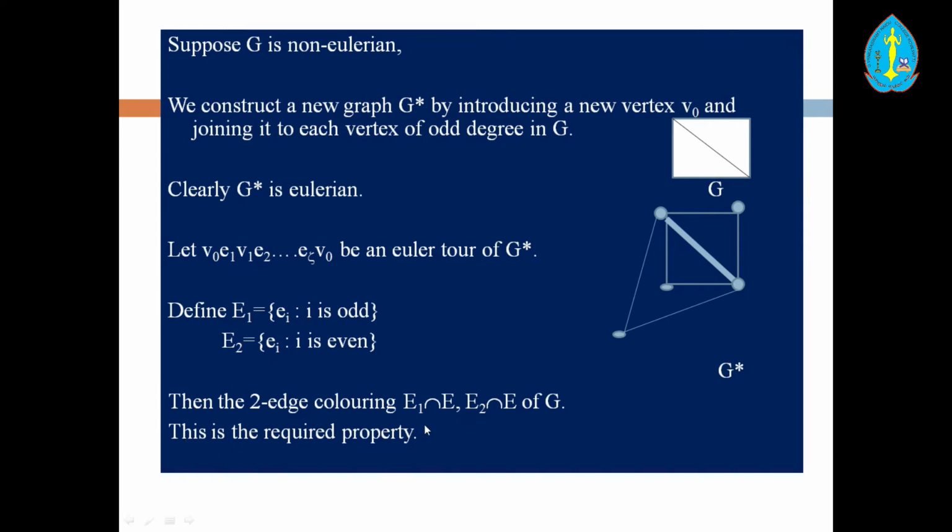The edges colored with color 1 and color 2 within G give the two-edge coloring, which exists.